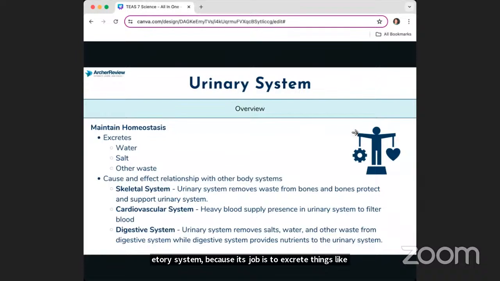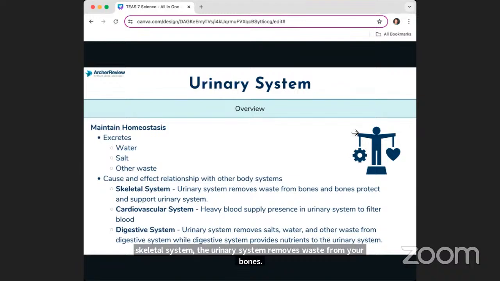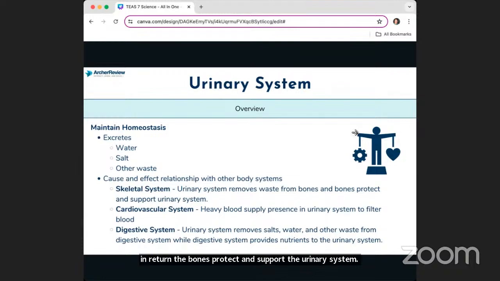And of course, it depends on and affects other body systems, like the skeletal system. The urinary system removes waste from your bones, while in return, the bones protect and support the urinary system. There's a cause and effect relationship with the cardiovascular system and the urinary system, because there's a heavy blood supply present in your urinary system to help filter the blood.